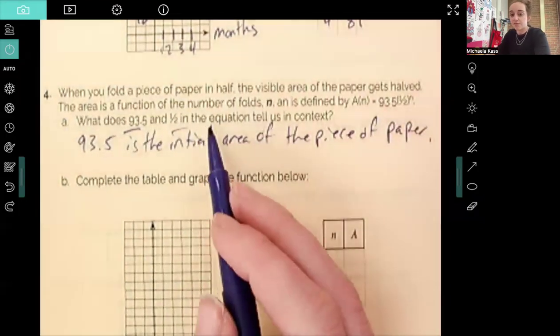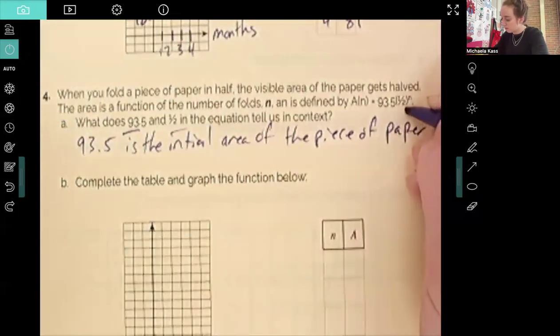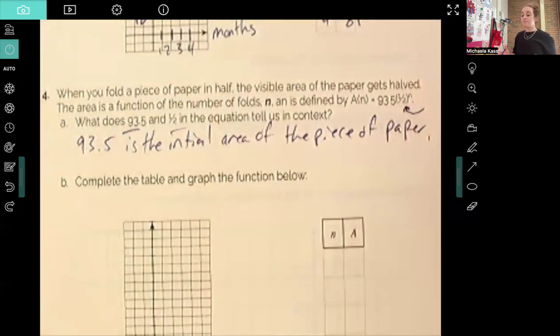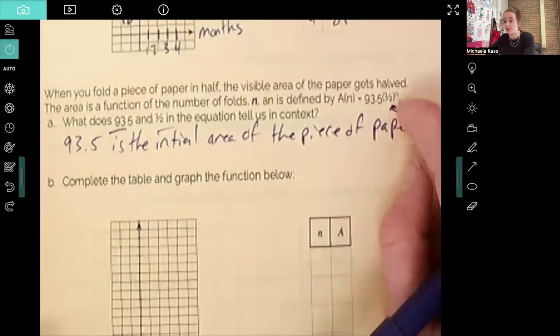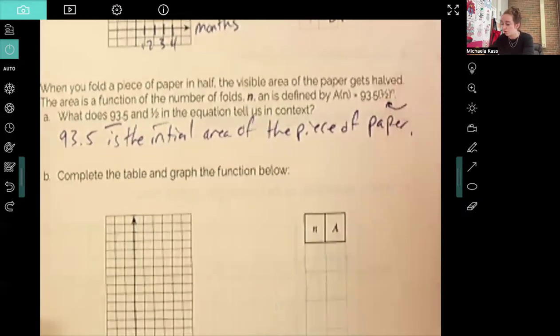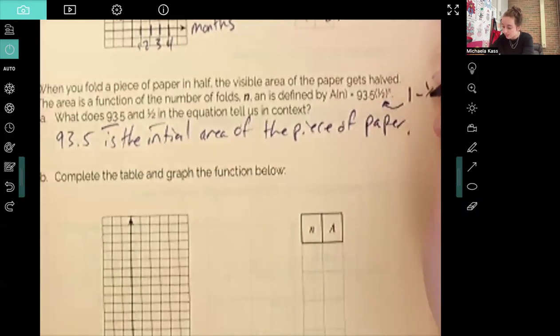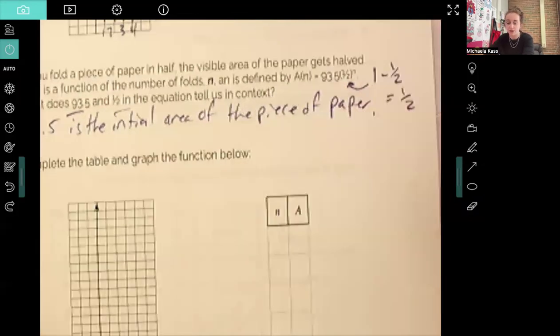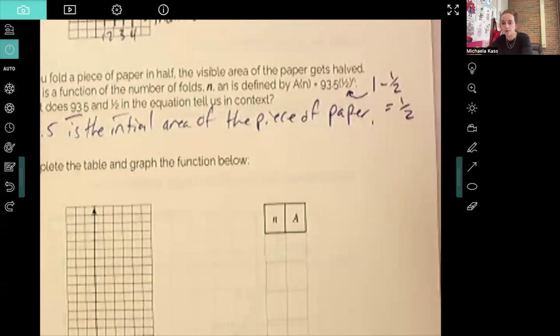The half, remember this number here, you've got to be careful about. In this case, it's going to be the same answer, right? But we have to remember that it's whatever was subtracted from 1, right? That's what you're taking away. So 1 minus a half in this case still equals a half, right? Because a half plus a half is 1.